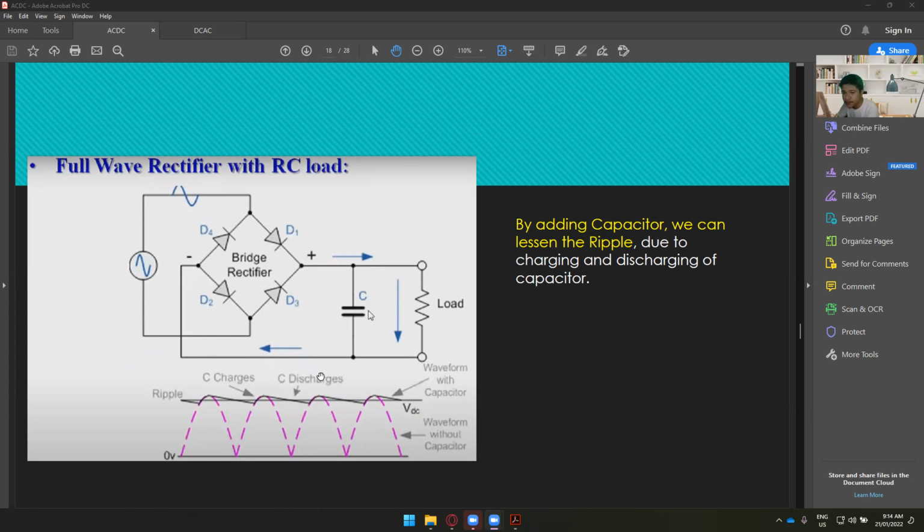All right. So are we clear so far regarding this one? We call this one a full wave rectifier with RC load. So we have here the load, the resistance, and then the capacitor. This is where we are reading the V out, which will give us a ripple voltage.